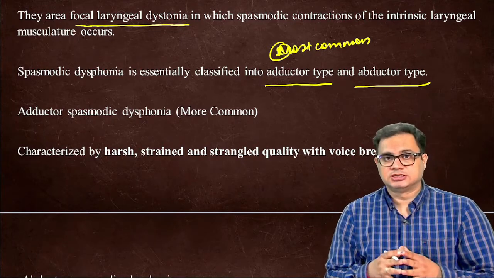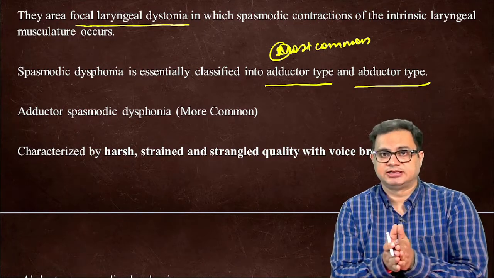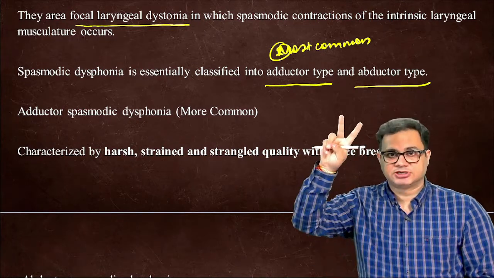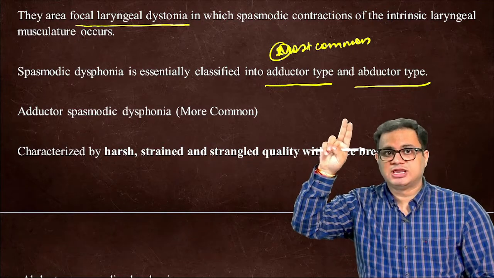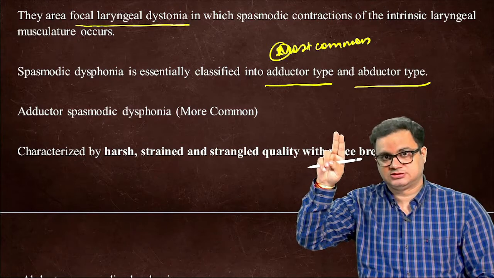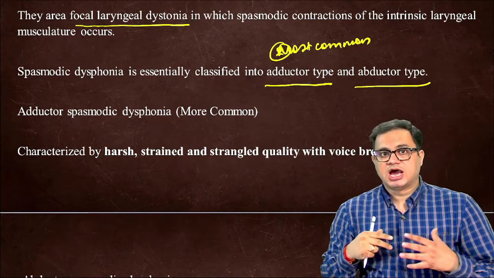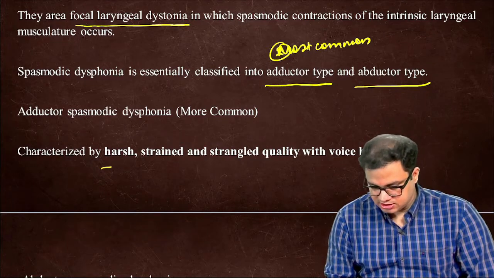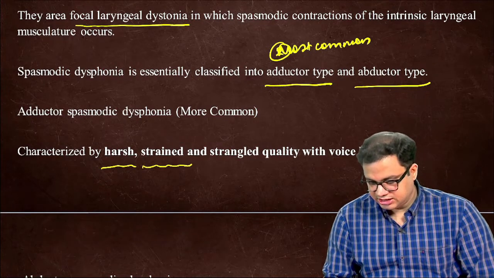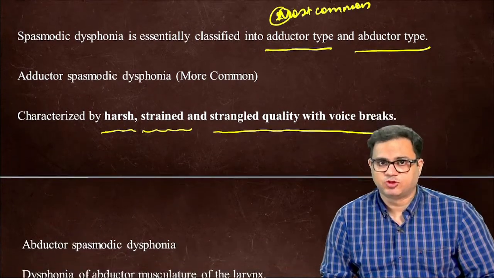Here the two vocal cords of the patient will be adducted. So this is abduction and this is adduction. In adduction, the vocal cords will be totally adducted, like this. So the voice of the patient will be harsh, strained, and of a strangled quality, with voice breaks.